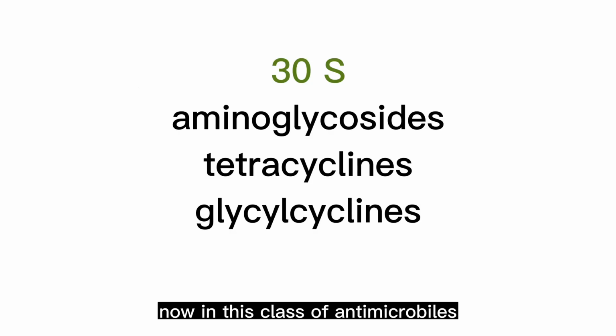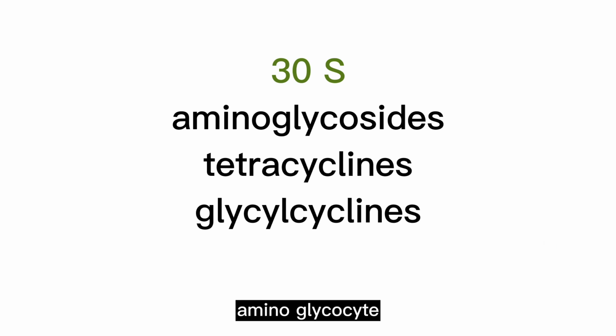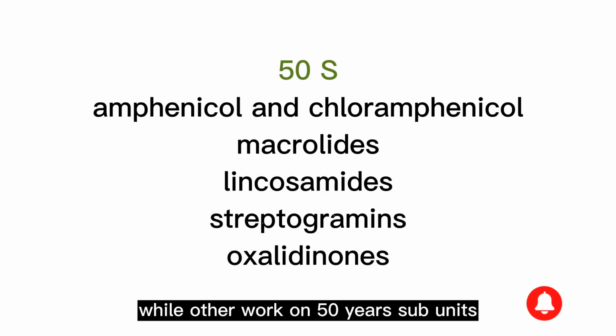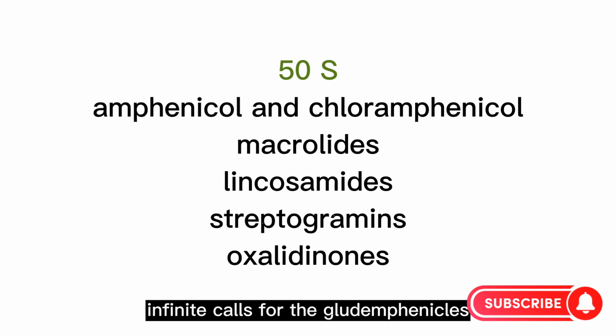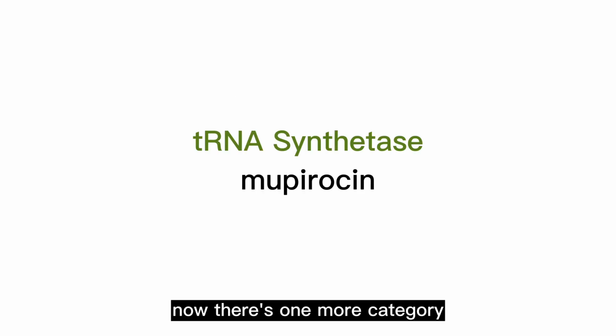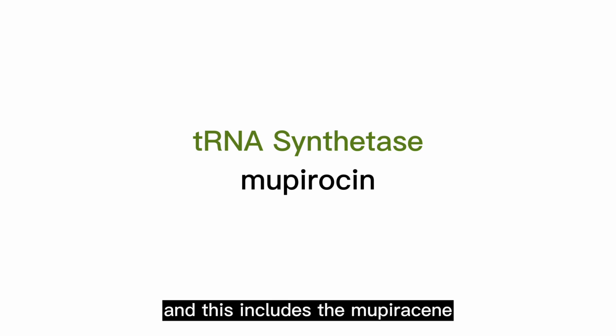Now in this class of antimicrobials, some drugs work on 30S subunit, for example aminoglycosides, tetracyclines and the glycylcyclines, while others work on 50S subunits, for example amphenicols or the chloramphenicol, and macrolides, lincosamides, streptogramins, and oxazolidinones. Now there's one more category, and it works by inhibiting the tRNA synthetase, and this includes the mupirocin. Now let's discuss them one by one.